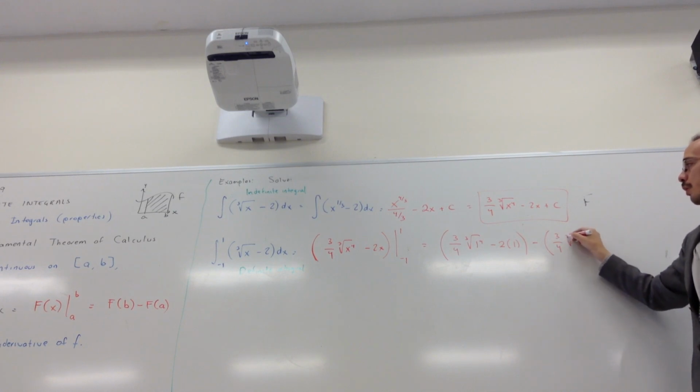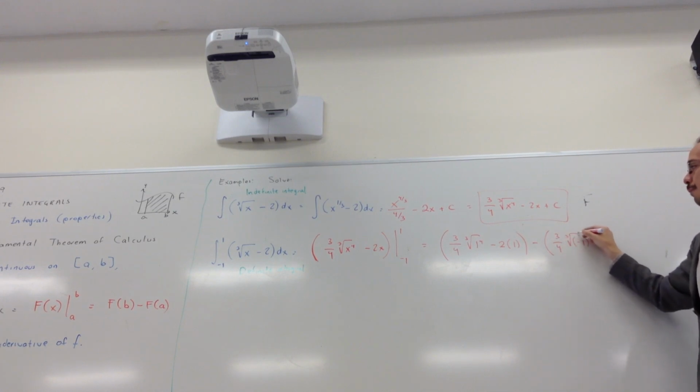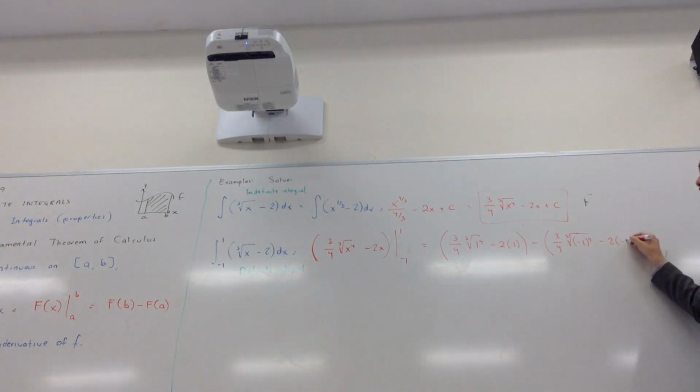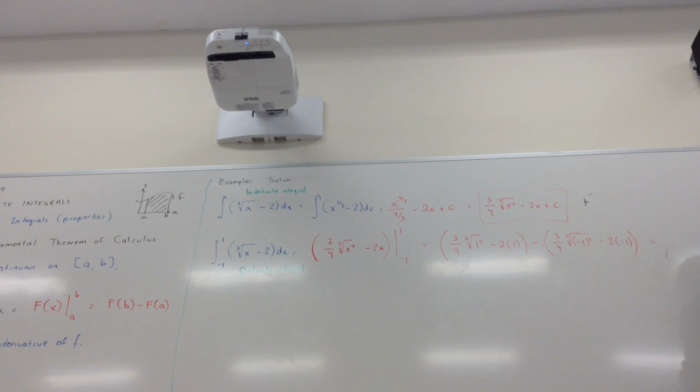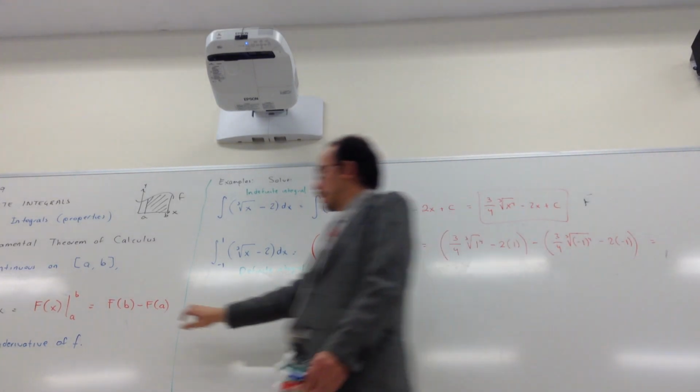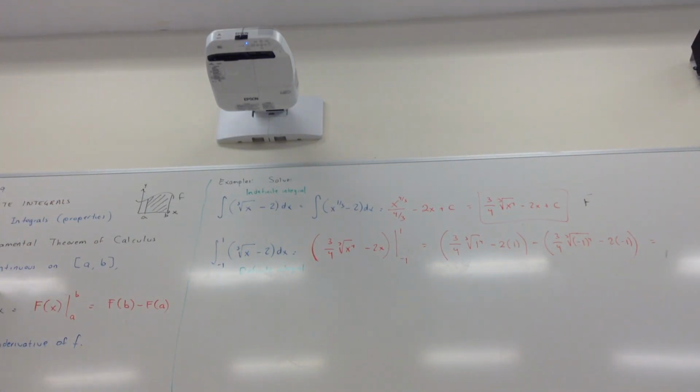3/4 times the cube root of minus 1 to the 4th power minus 2 times minus 1. Always minus. Always minus. Okay?